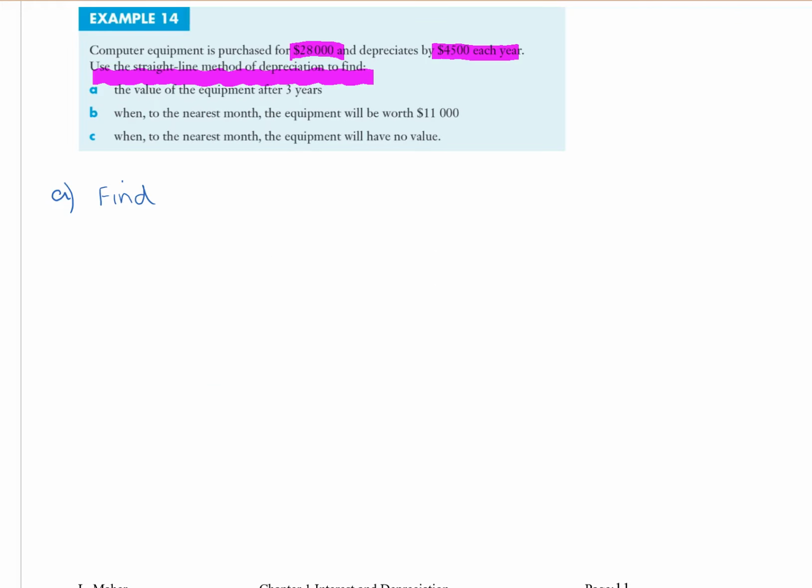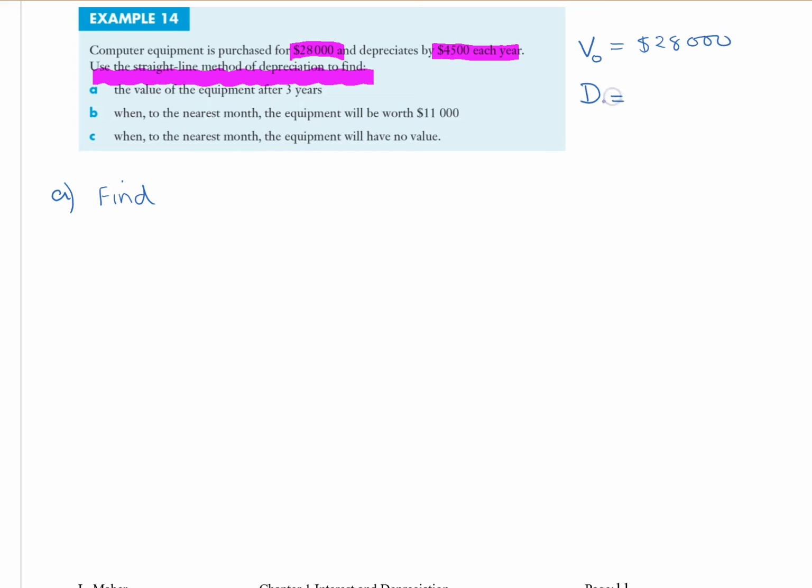Let's have a look at example 14. Computer equipment is purchased for $28,000. What symbol are we going to use for our $28,000? We know that was the initial value, and so that is our V0 is 28,000. In the beginning, that's its value.